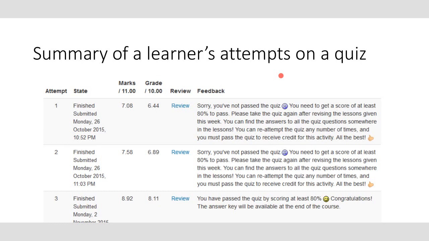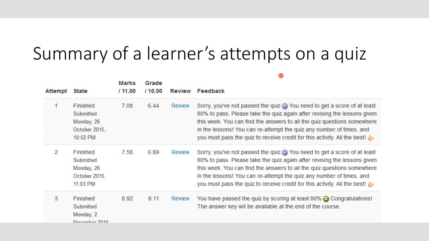Someone at this talk said that one thing we could do is to enforce a delay between one attempt and another, which is also something you can do in the Moodle quiz settings. I've seen it, but I've not used it, so I could do that also. I could maybe give a day or two, enforce a delay between attempts to prevent people from trying to pass the quiz by brute force.